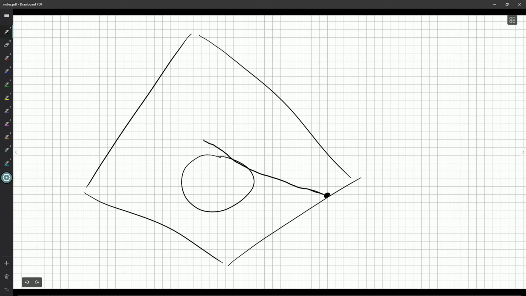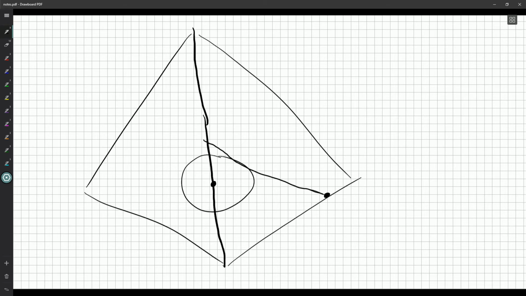Also, we should probably draw this a bit more centered, because it does line up quite nicely with the center of my cylinder. So from the side, we almost get that.